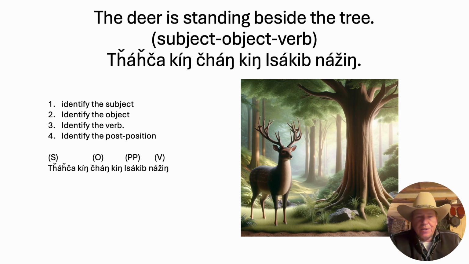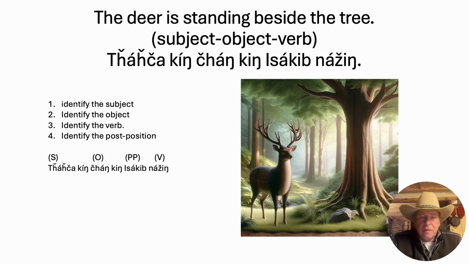Okay, so let's break this down. The sentence we want is the deer is standing beside the tree. In Lakota, we follow a subject, object, verb order. So if we go down here to those four things we want to identify, let's identify the subject. The subject in this case is a deer, all right?